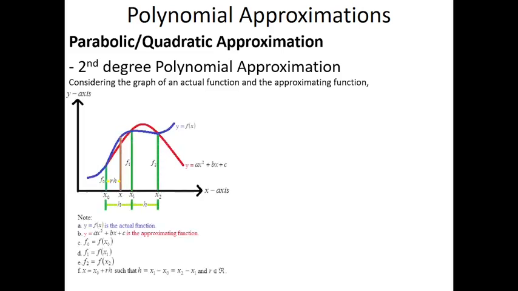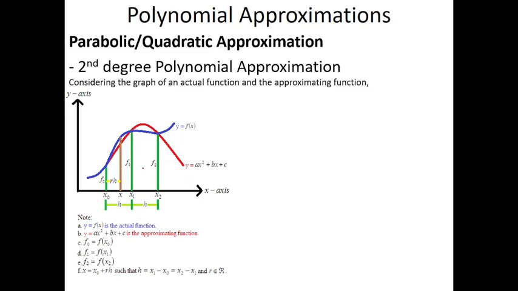Next, we have here parabolic or quadratic approximation. In my previous slide, I discussed linear approximation. This time it is parabolic or quadratic approximation, so it's a second degree polynomial approximation. Considering the graph of an actual function and the approximating function, the blue curve is the actual function and the red curve is the approximating function.